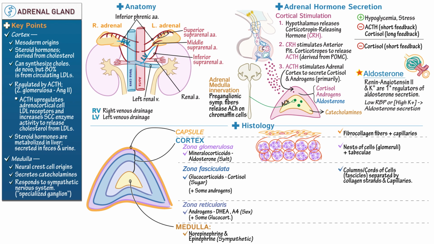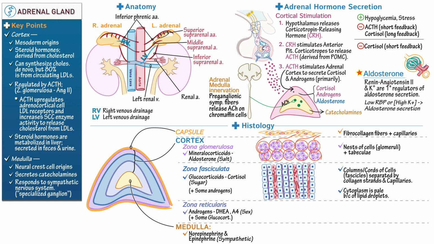Show that the zona vesiculata comprises columns or cords, also known as fascicles, of cells separated by collagen fibers and capillaries. These cells have abundant cytoplasm, which stains pale due to the presence of abundant lipid droplets. Notice that this is the whitest layer of the cortex.